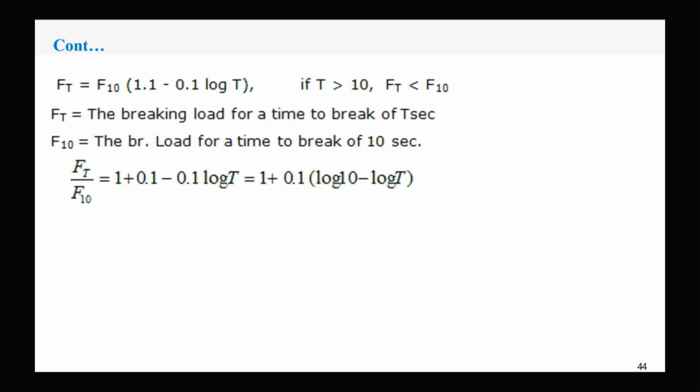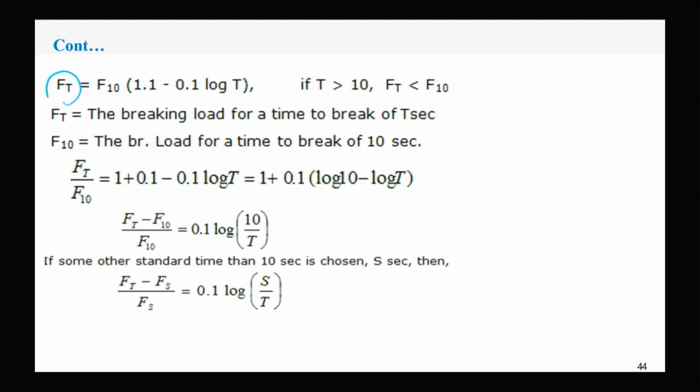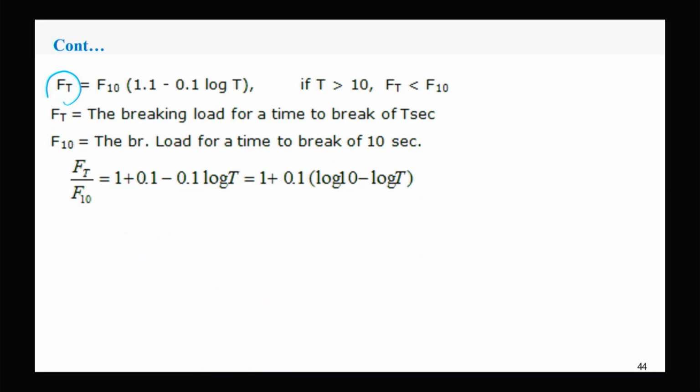This is again expressed by an empirical equation where Ft is the breaking load at the extension where the time to break is T. So you keep the rate of extension in such a fashion that the time to break is T, and F10 is the reference load where the time to break is 10 seconds.